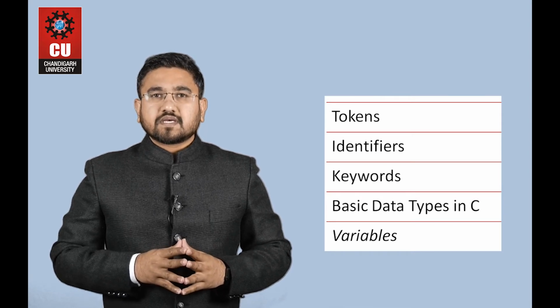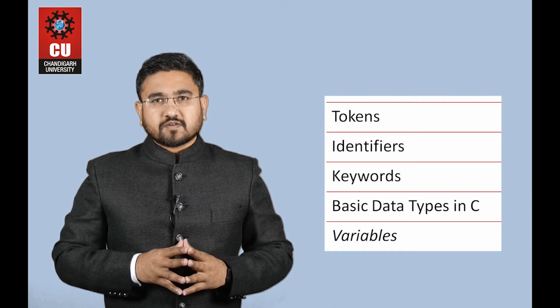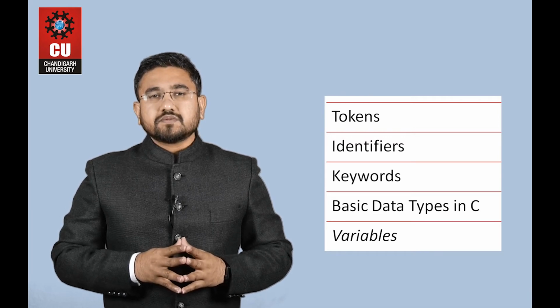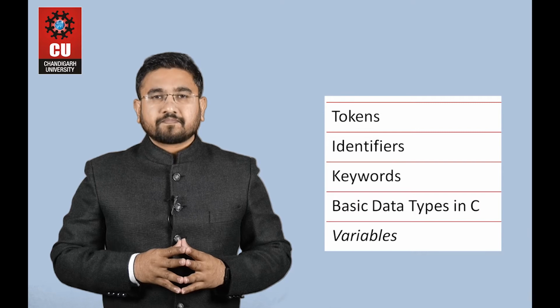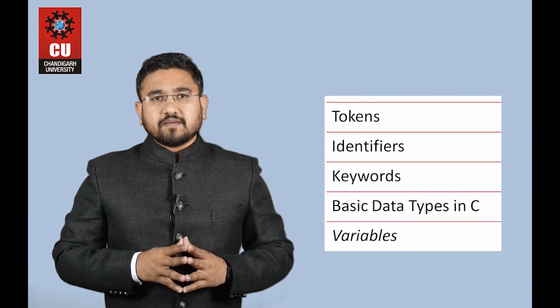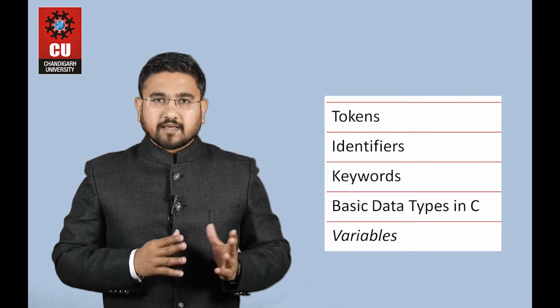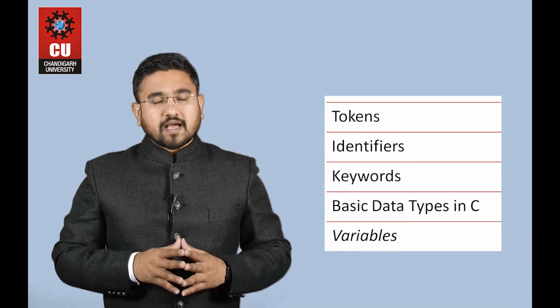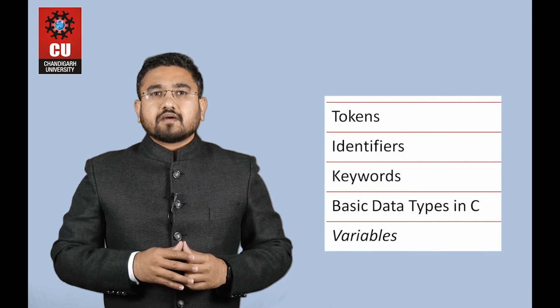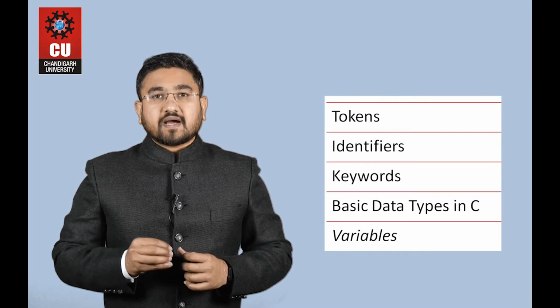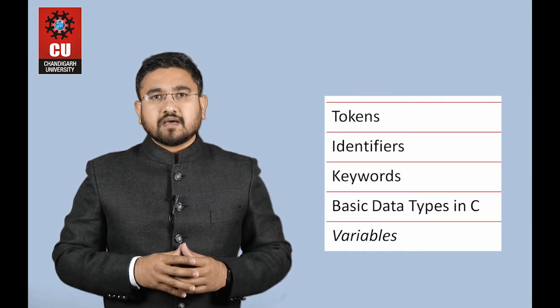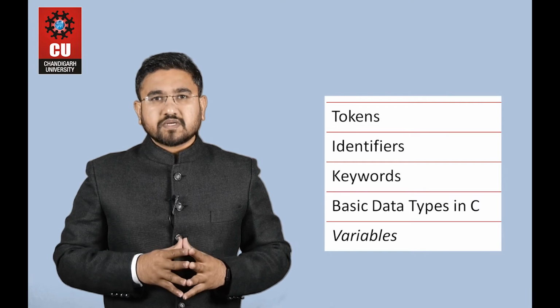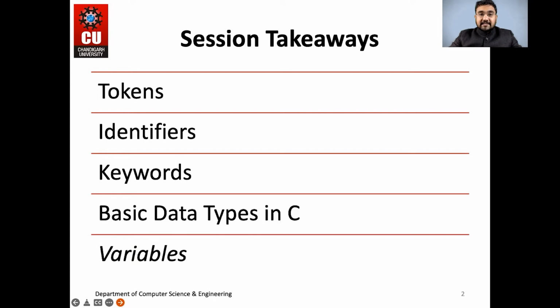Next, keywords, which are a reserved set of words that cannot be used as identifiers. Basic data types in C, namely character, integer, floating point, double, and valueless. Variables, which are defined as a meaningful name given to a data storage location in computer memory. So let's get started.